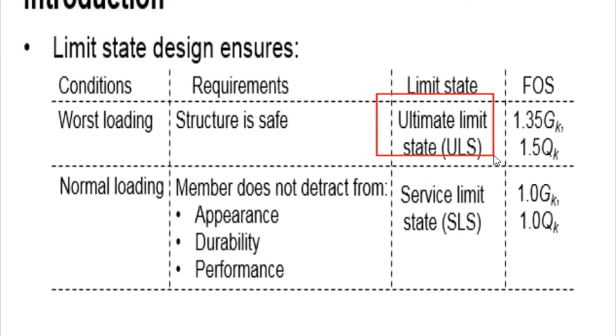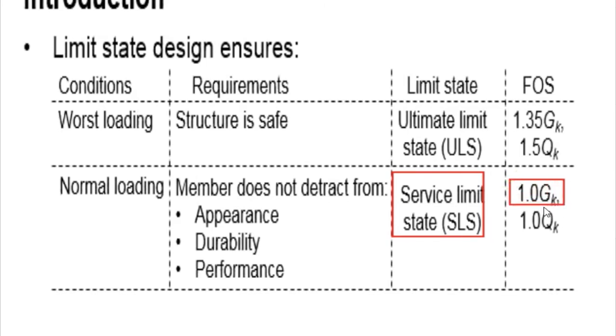Under the ultimate limit state, the factor of safety is, as I said, 1.35 Gk plus 1.5 Qk once you consider the Eurocode, while the same values change when you consider the BS. That one will be 1.4 Gk plus 1.6 Qk. But for the serviceability limit state, the factor will be 1.